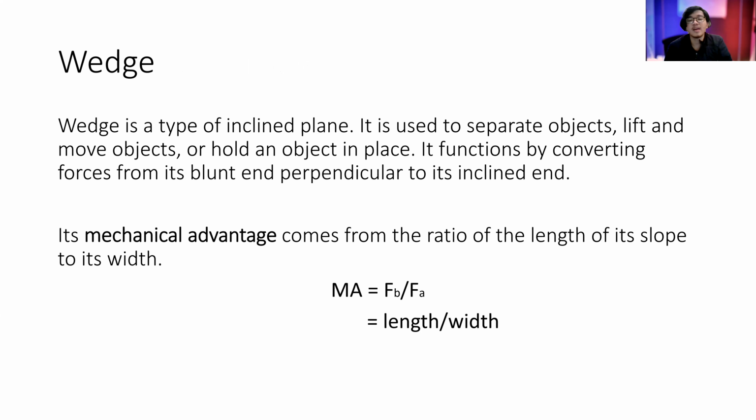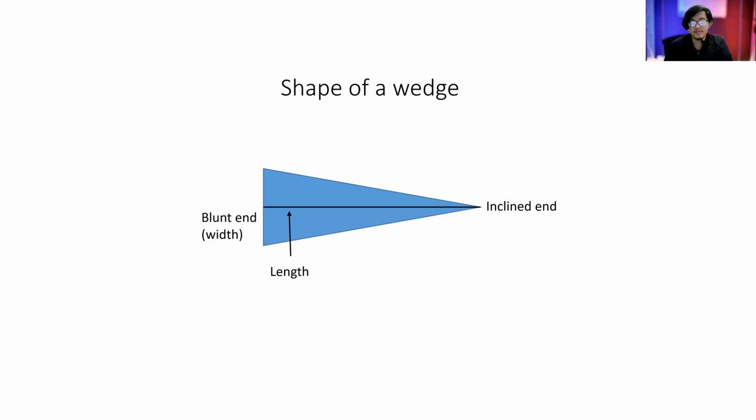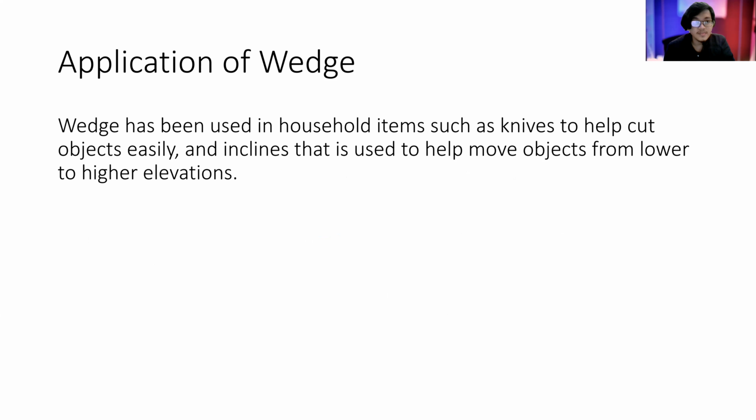As you can see here, MA equals FB divided by FA, which is again equal to the length divided by the width. And then this is the shape. You have the blunt end, you have the inclined end, and you have the length. The application of it is that it has been used in household items such as knives to help cut objects easily, and inclines that are used to move objects from lower to higher elevations.